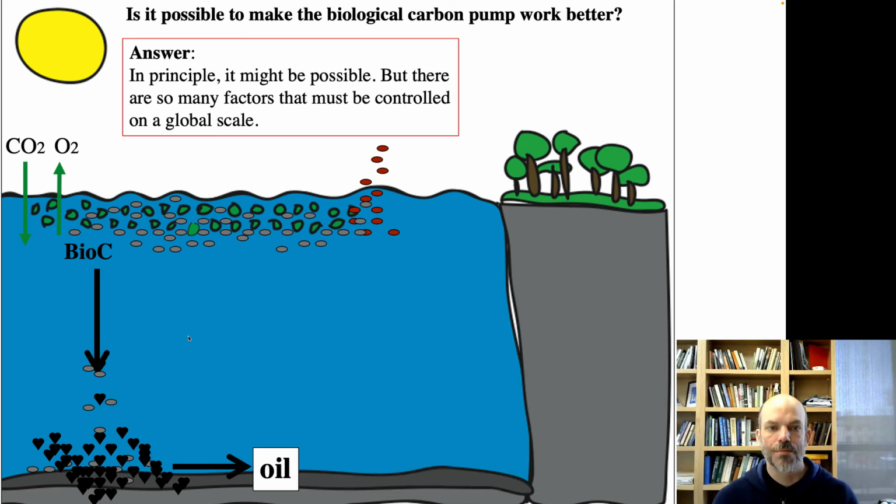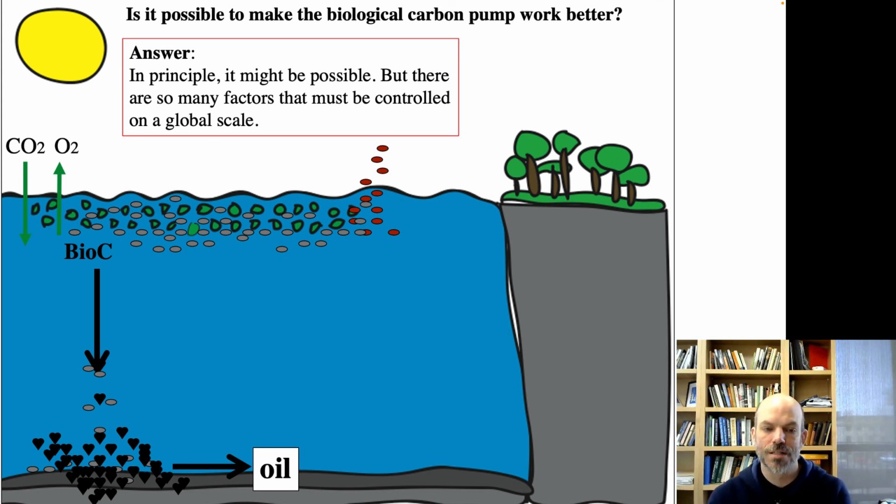Okay, so to kind of summarize this, in principle, this is not a completely stupid idea to somehow stimulate the biological carbon pump. You just have to remember that there is this thing, the microbial loop, which will cycle things really quickly. And if you somehow solve that problem and you bury a bunch of carbon on the seafloor, you've got to preserve it on the seafloor in some way, which basically means that you've got to make artificial oil.